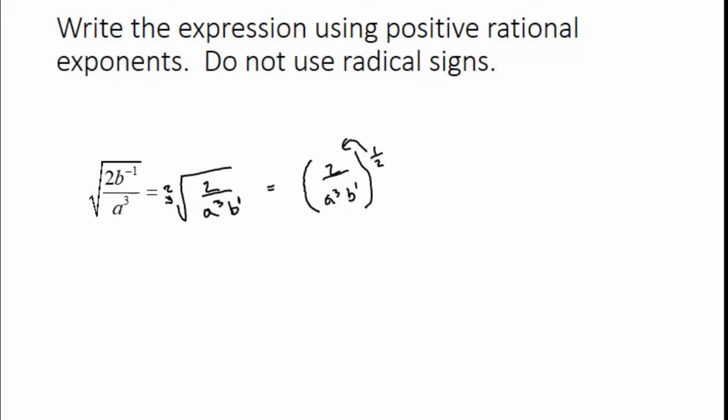So our rule says that we're going to apply this 1/2 to every single part of what we have. So this is going to mean that we're going to end up with 2 to the 1/2 over a to the 3/2 and b to the 1/2, because we're multiplying the powers.